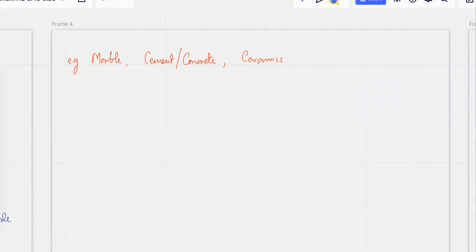So these are some of the things that you see. A lot of ceramics around you are ionic. I'm going to talk about ceramics in a bit. So marble, etc., these are ionic compounds. These are ionic lattices. Some of them are really strong, like concrete.